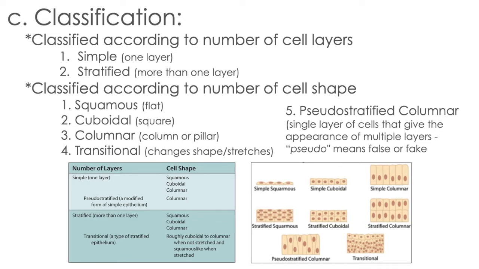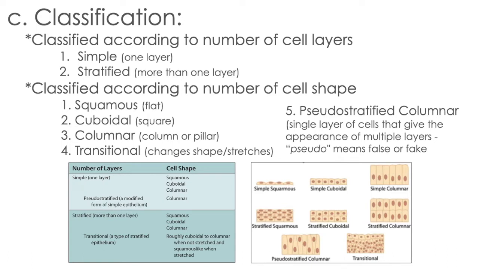So when you see squamous, it's flat. So you can have simple squamous, you can have stratified squamous. Then we have cuboidal, which is very easy to remember, cube shaped. So you can have simple or stratified cuboidal. So stratified cuboidal would be many layers of cube cells.